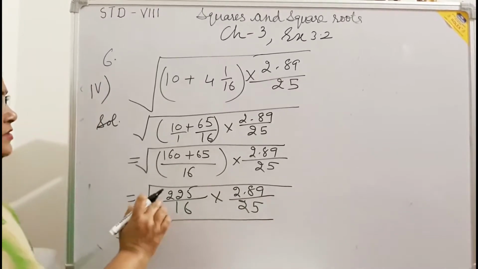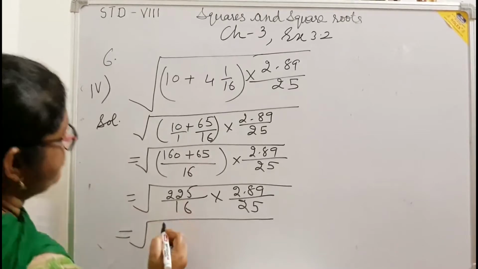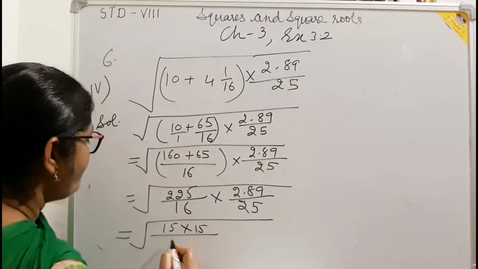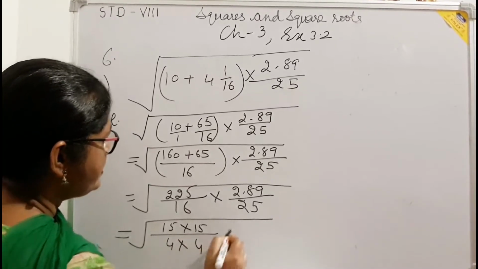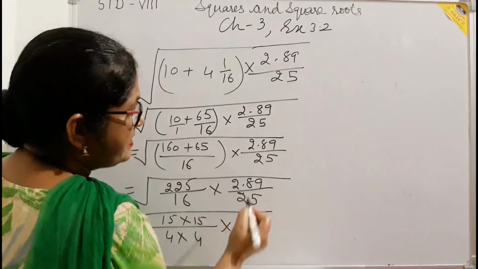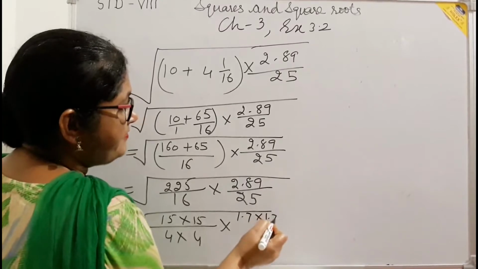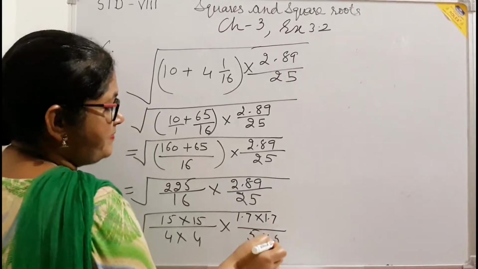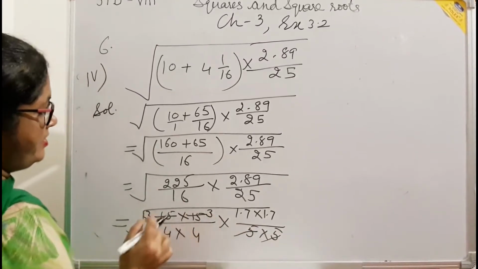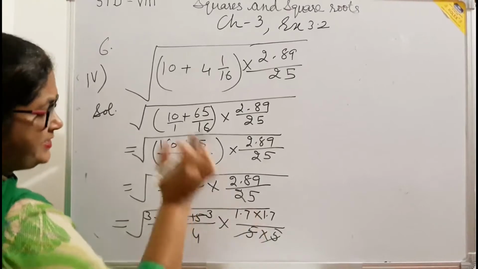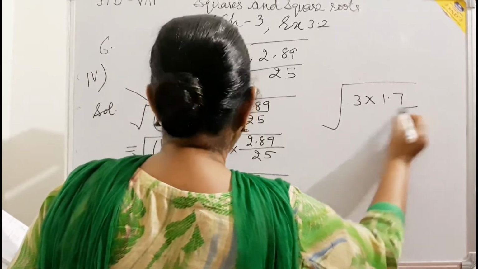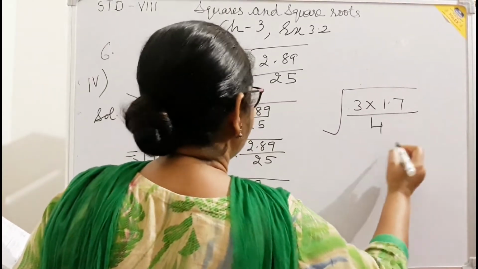Yes, you know the square of 15? 15 15s are 225, 4 4s are 16, and 17 17s are 289. There is a decimal, so 1.7 multiply 1.7 over 5 multiply 5. 5 3s are 15, 5 3s are 15. Now 3 is in pair for 4, and 1.7 means 3 multiply 1.7 over 4.